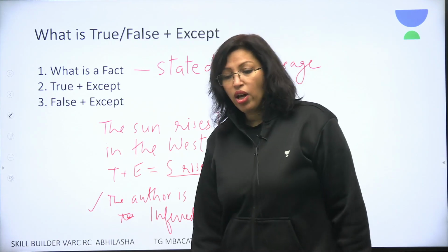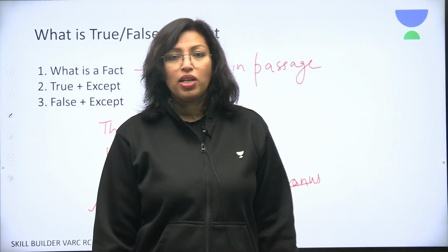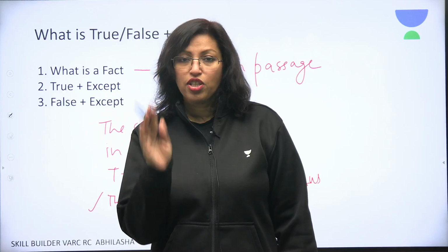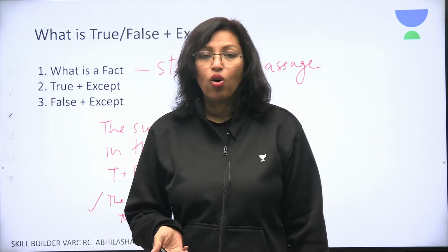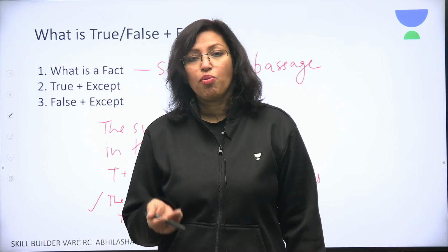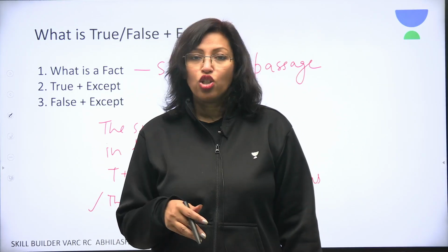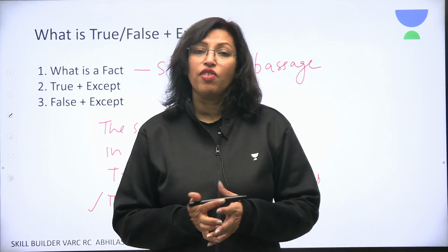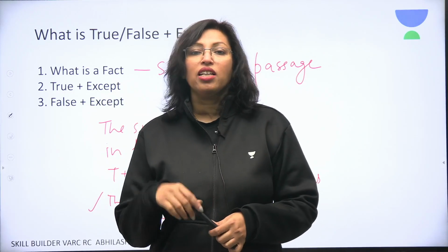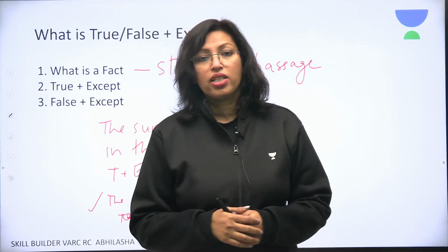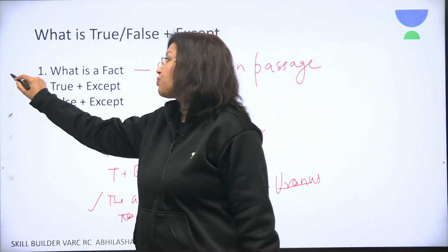So while you are reading the passage, you must be able to identify the difference between true and false as per the author. So the fact or the supporting detail question or the true except or the false except question is very closely based to facts. So whatever is a fact, from there you will take your true except or your false except answers.